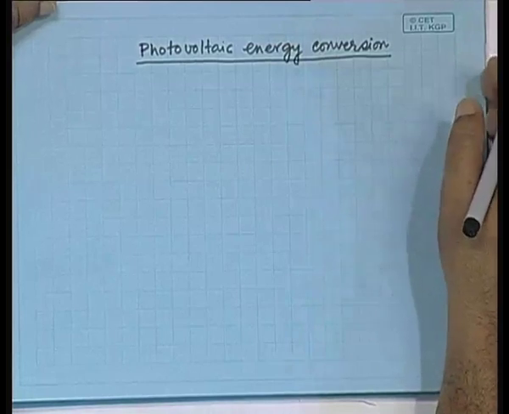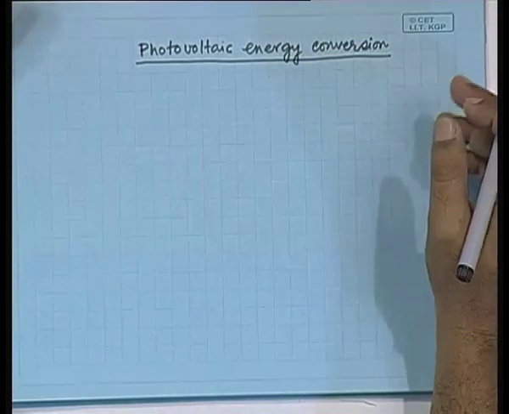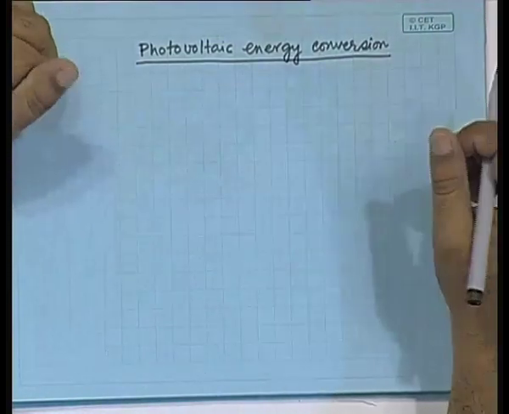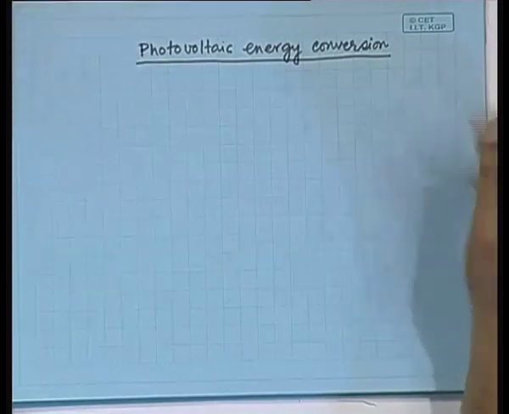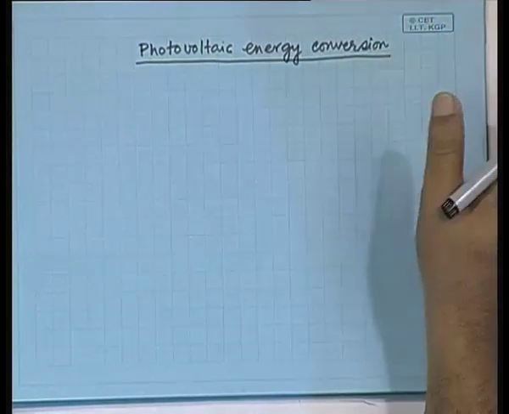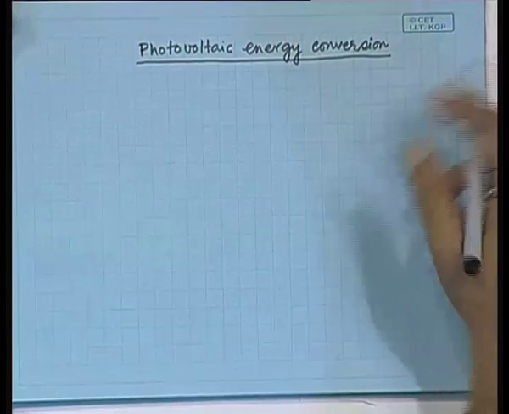Essentially, in photovoltaic energy conversion, you seek to convert the solar energy directly into electricity without going through the intermediate stage of converting first into thermal energy and then electrical energy. So, it is a direct conversion of energy from the sun's rays into electrical energy.